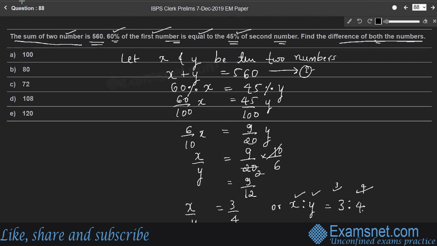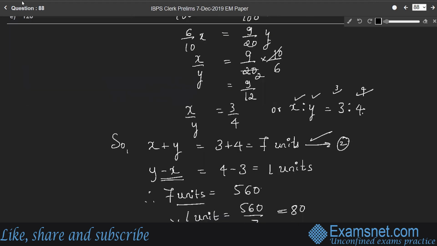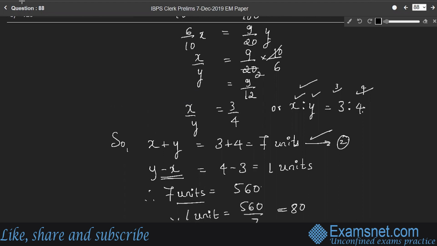I'll repeat once again. Let the two numbers be X and Y. According to the question, X plus Y is 560 and 60% of the first number is equal to 45% of the second number. After simplification, we'll get X is to Y is equal to 3 is to 4, or X plus Y is equal to 3 plus 4, that is 7 units, since they are in the ratio 3 is to 4.